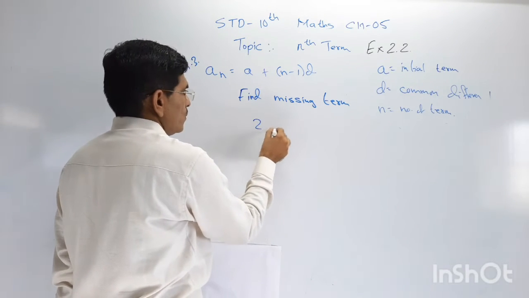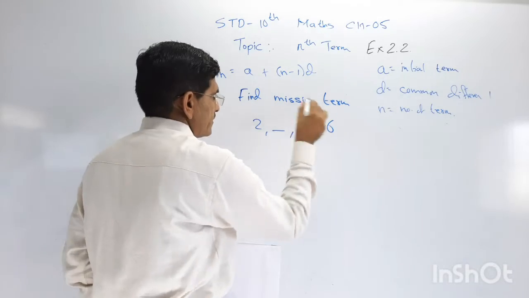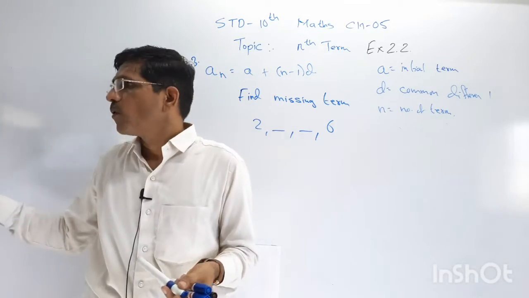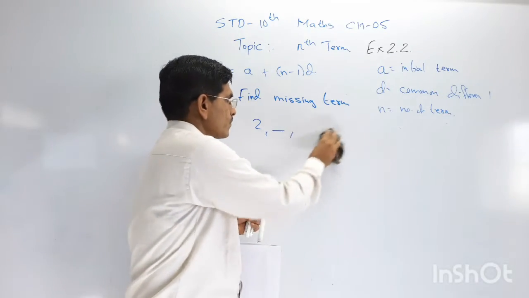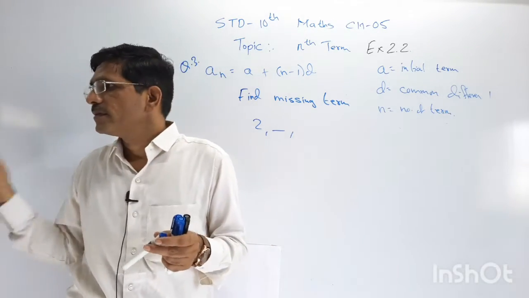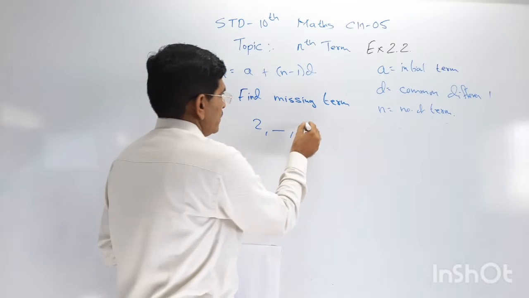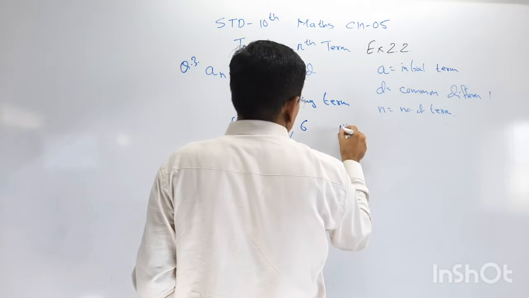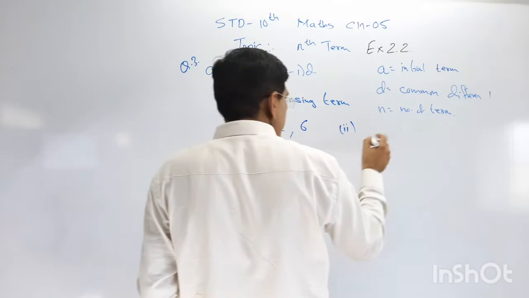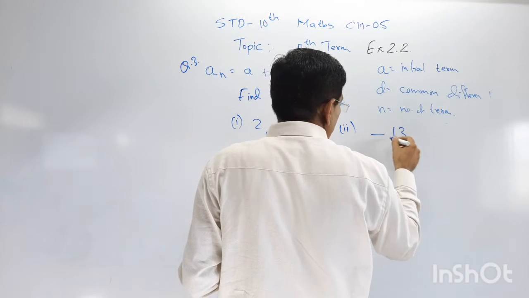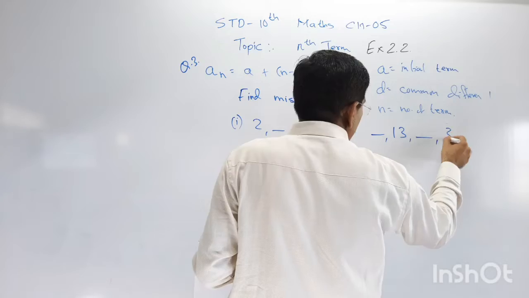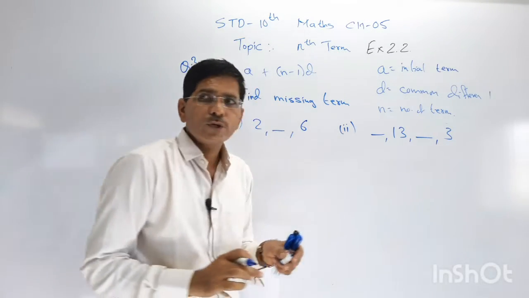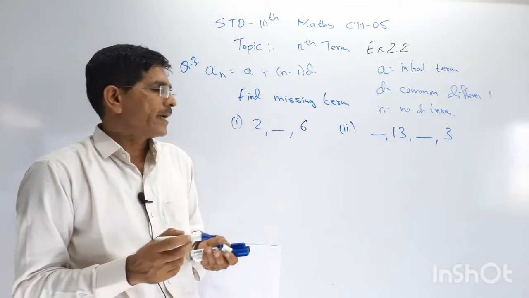So 2, then dash, then 6, only 1 dash is there. The second is dash, 13, dash, 3. So here it is 1 blank, and here it is 2 blanks.